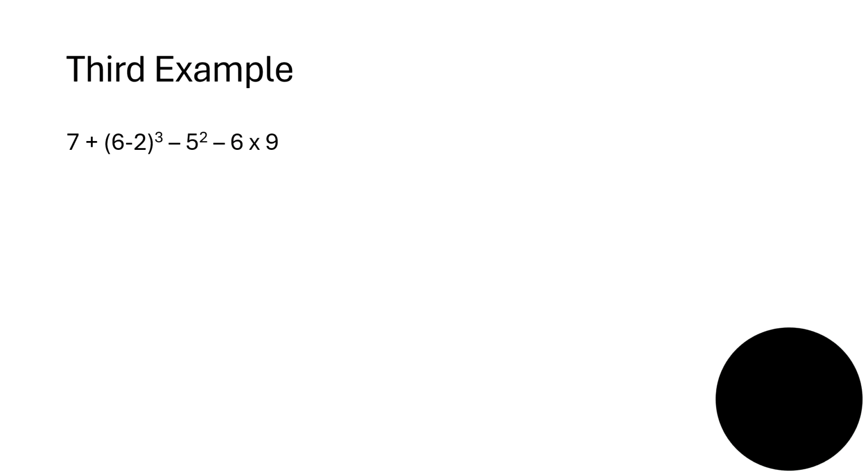So our third example, we have 7 plus, in parentheses, 6 minus 2 to the third power, minus 5 squared minus 6 times 9. Our first precedence would be in parentheses. And so the 6 minus 2 in parentheses is 4. So now we have 7 plus 4 to the third power minus 5 squared minus 6 times 9.